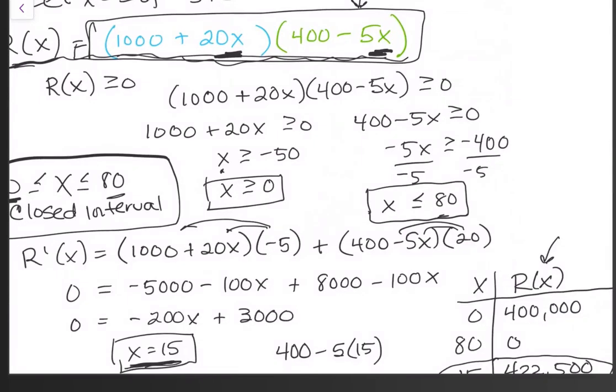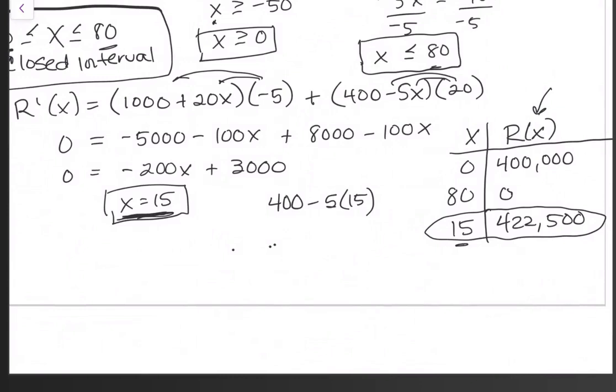So all I'm doing is putting in the 15 there in order to figure out what my cost is going to be. So my cost is going to equal $325. So that's how much I want to charge to maximize my revenue.